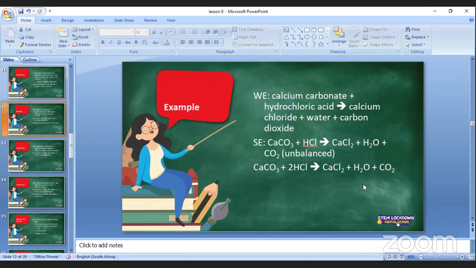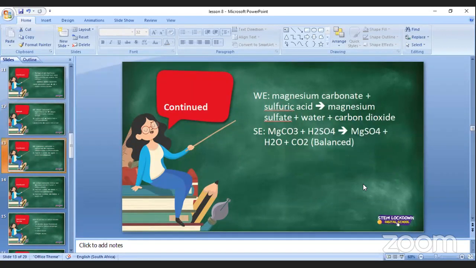Are we clear? Yes. Let us look at another example, grade 9. I want everyone to be clear. There we go. Magnesium carbonate. Magnesium is a metal. So we have magnesium, and then our product is magnesium sulfate, which is a salt, plus water and plus carbon dioxide.